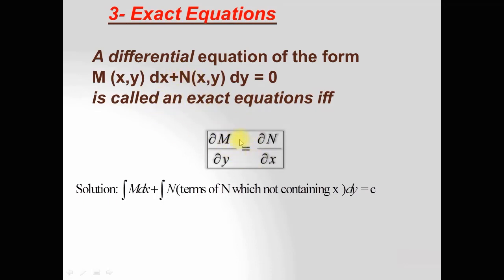If this condition holds, then the given differential equation will be exact, and then we can solve it by taking integration of the M function with respect to x plus integration of those terms of the N function not containing x with respect to y, is equal to c.